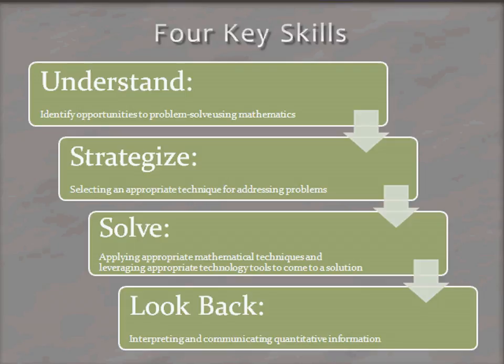The third key skill is solving the problem, or applying the appropriate technique and leveraging appropriate technology tools to come to a solution. And finally, and perhaps most importantly, is looking back, which is interpreting, applying, and communicating the information that you've learned in your problem-solving process.